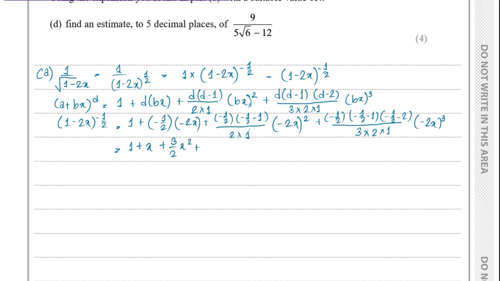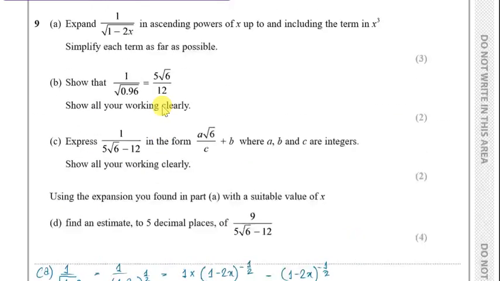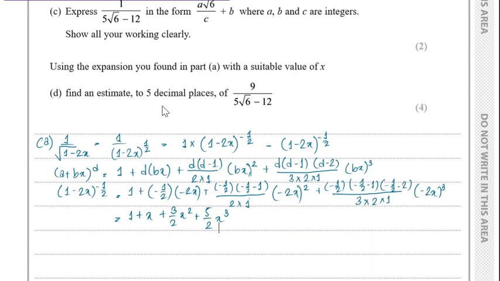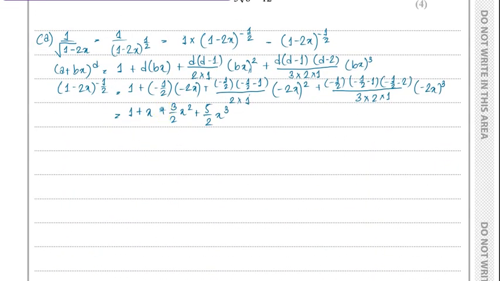And minus half multiplied by minus half minus 1 multiplied by minus half minus 2 divided by 3 multiplied by 2 multiplied by minus 2x whole cube is plus 5 by 2 x cube. So this is the answer for part A, and this is the maximum simplification that we can do.